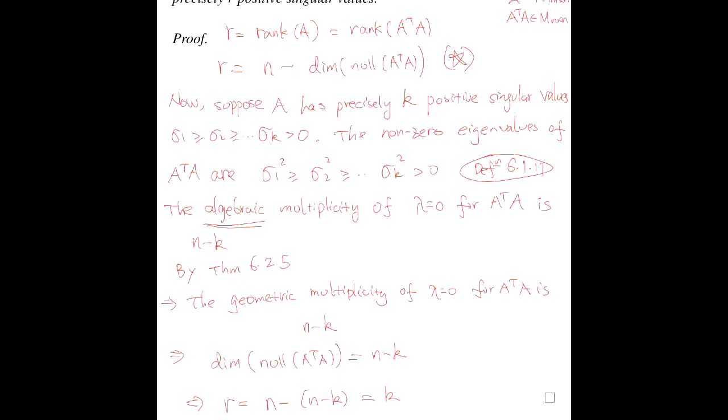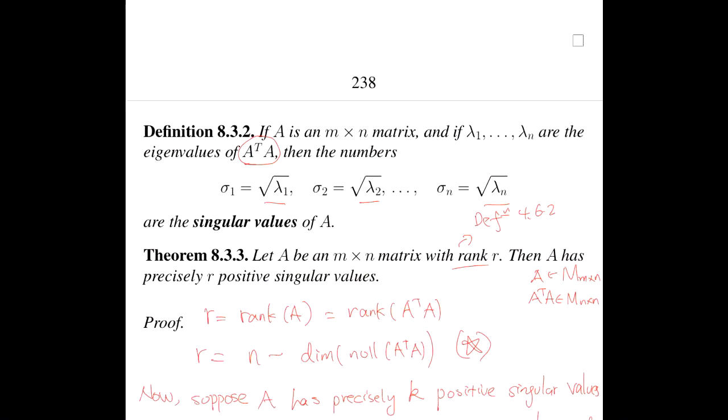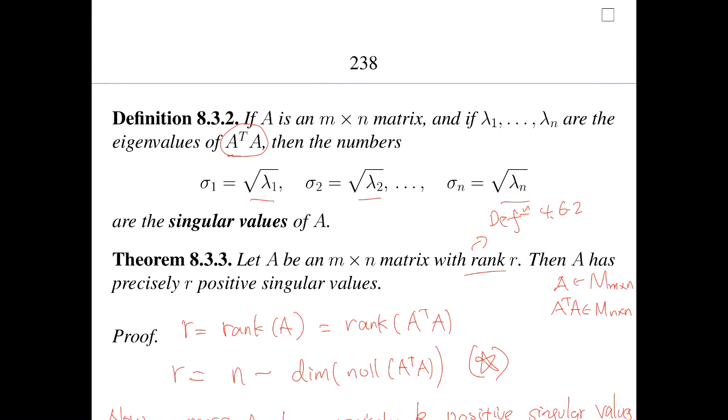By the way, for that example, the two eigenvalues of A transpose times A are 1 and 3. We take the square root, but if you find the eigenvalue 0, you also take the square root of that. 0 also counts as a singular value of A. We don't only take the positive singular values.